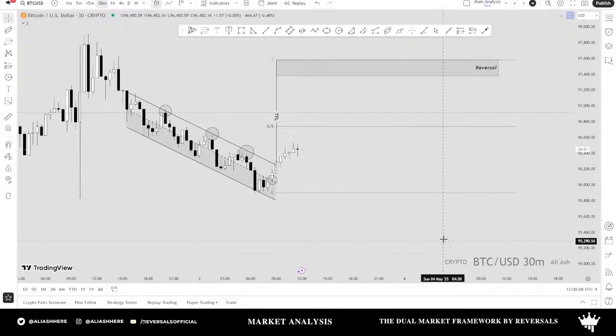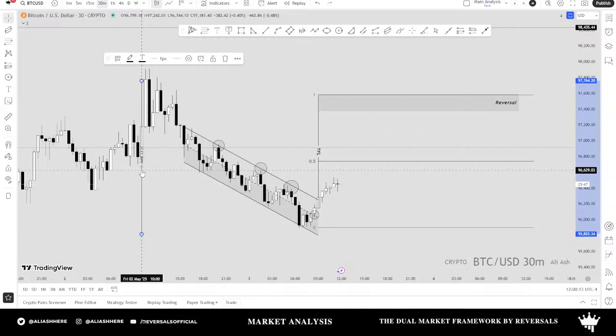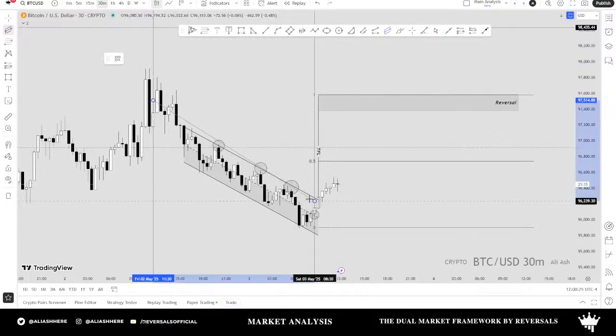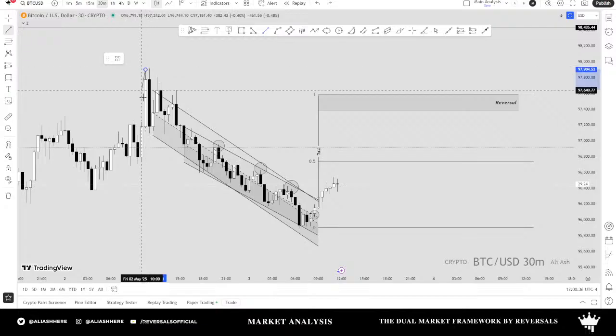So with this regression channel, we have the inferior regression channel, and let's make a superior one. And from here, we'll create an SR interchange.